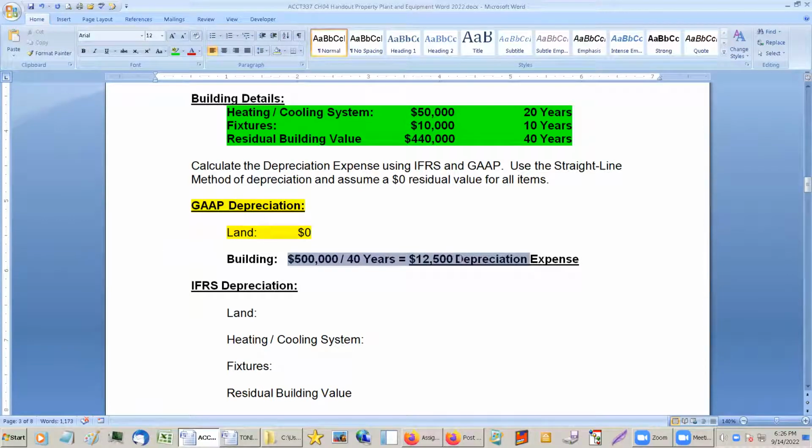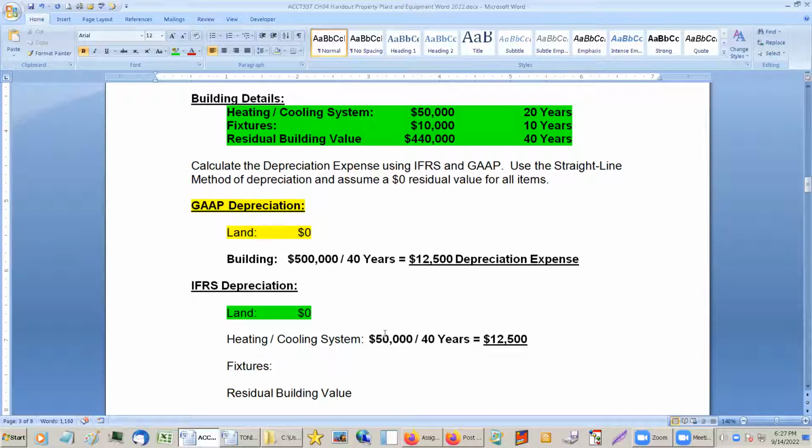Copy this down. Land is going to be the same. Zero. But heating cooling system is 50,000.